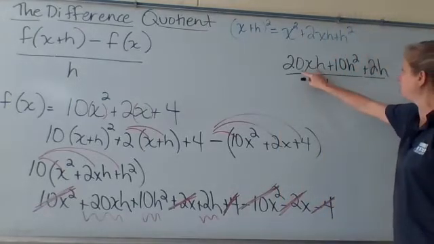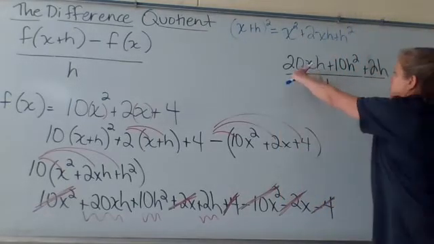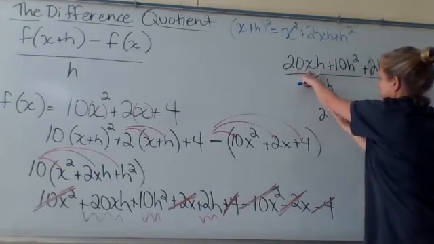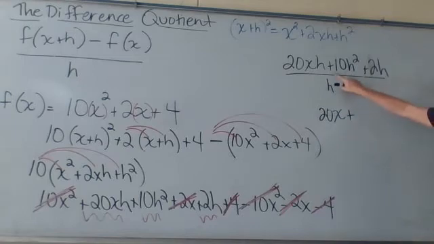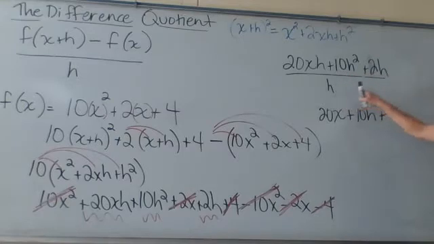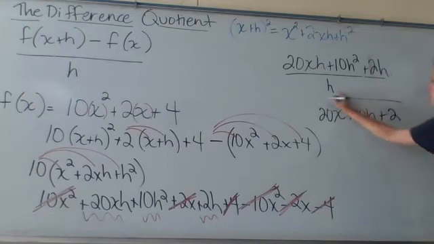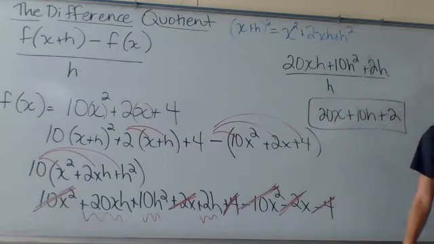So if this first term loses an h, it'll just be left with 20x plus. If this second term had an h squared, but it lost an h, I'm just going to be left with 10h plus. This last term, if I pulled its h out, I'm just going to be left with 2, and that's your answer.